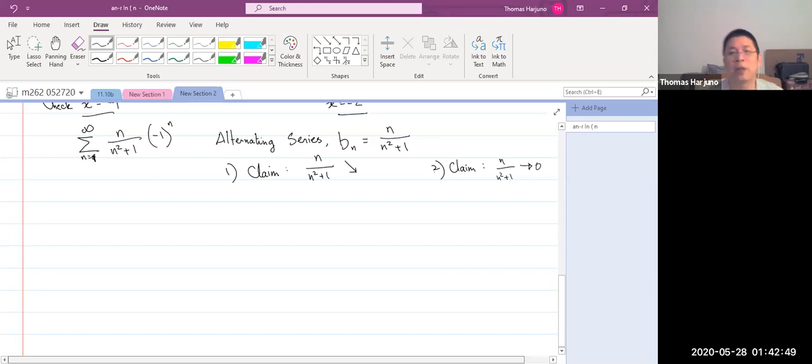I think it's pretty clear that it converges to 0. I divide by n squared, right? It converges to 0 as n goes to infinity. That one is easy.